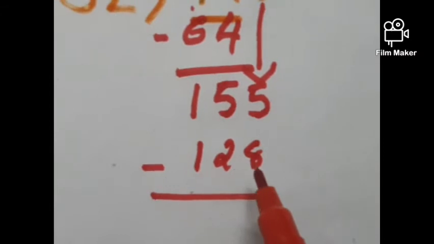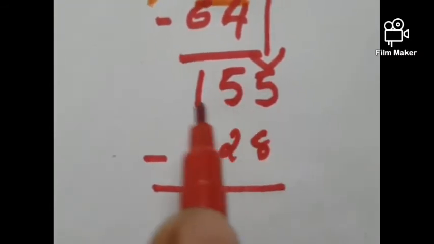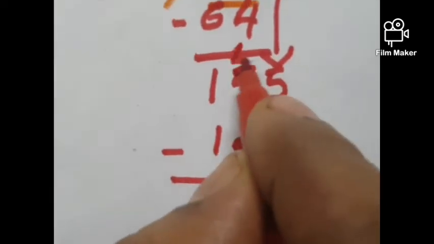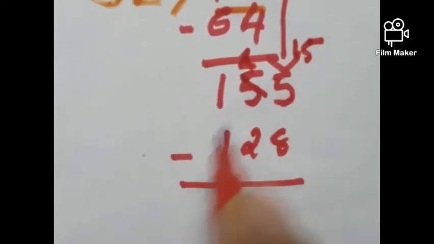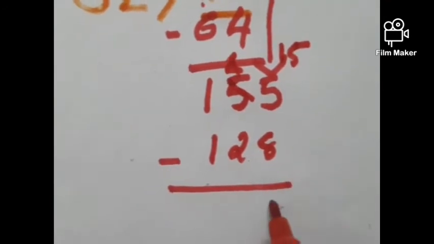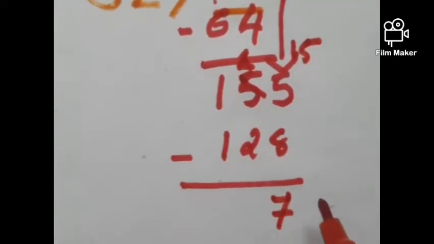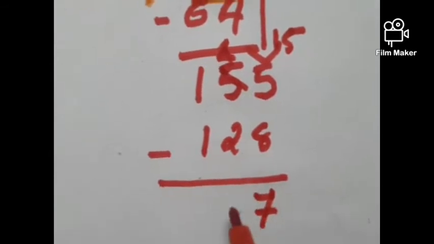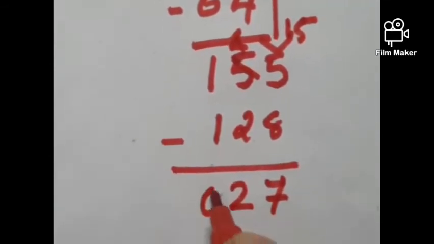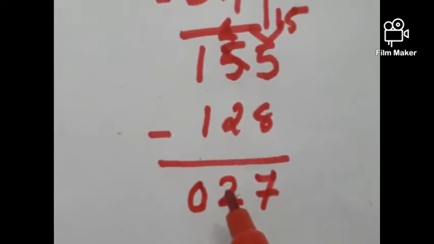Here 5 minus 8. 5 is less than 8, so we borrow from the tens place. Here 4 and 15. 15 minus 8 equals 7. Then 4 minus 2 equals 2. Then 1 minus 1, 0. Okay children.